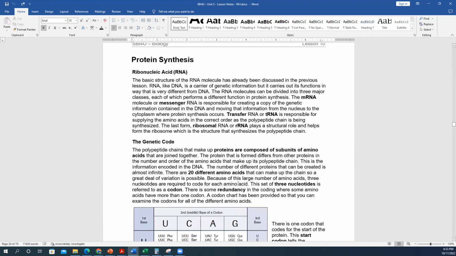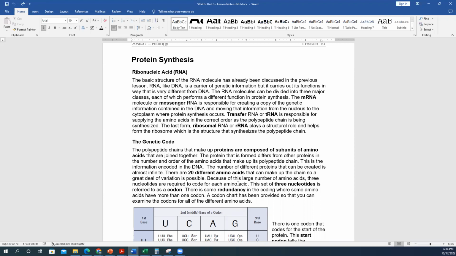So we've already talked quite a bit about the basic structure of the RNA molecule. We've talked about how RNA, just like DNA, is a carrier of genetic information, but that in a way it's actually different from DNA, in that the RNA molecule has actually got three different forms that perform three distinct functions in protein synthesis.